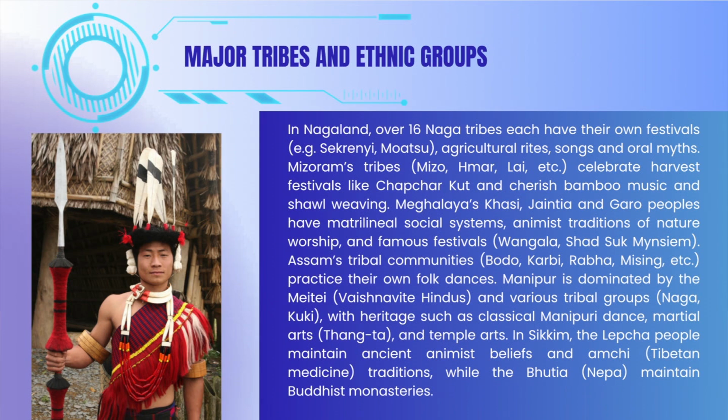Meghalaya's Khasi, Jaintia, and Garo peoples have matrilineal social systems, animist traditions of nature worship, and famous festivals like Wangala. Assam's tribal communities Bodo, Karbi, Rabha, Missing, etc. practice their own folk dances, Bagurumba, bamboo dance, and maintain village shrines and festivals like Bwisagu.